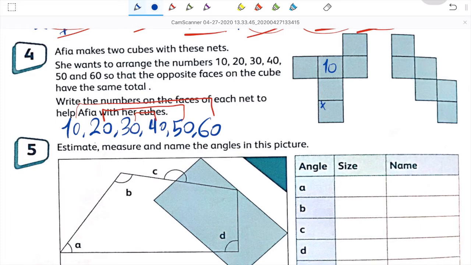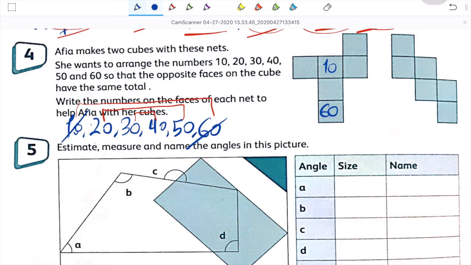You could imagine, because this part is going to be one side, and this part is going to fold on it, which is going to make the top part of it. So obviously 60 here. So 10 and 60 are gone.